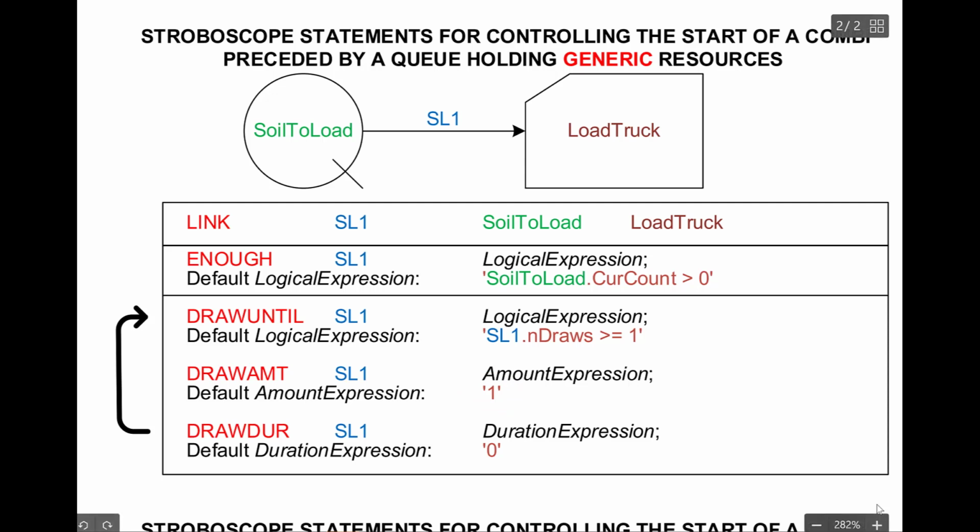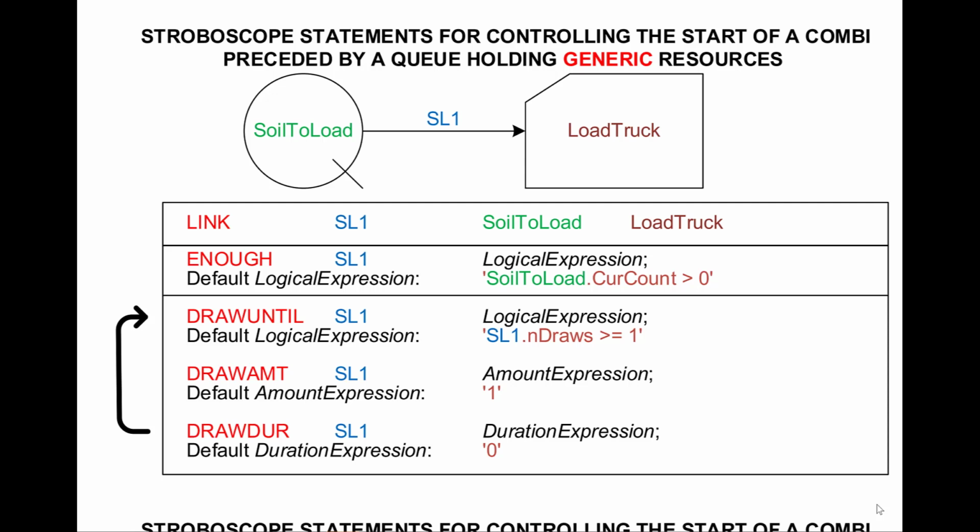In addition to drawing from the preceding queue, we also sample an expression given by the third statement, draw duration. Now, the draw duration expression, which by default is just the number 0, provides a mechanism by which we can sample from a random variable, such as how long it takes for a loader to put 1 scoop of soil into a truck.